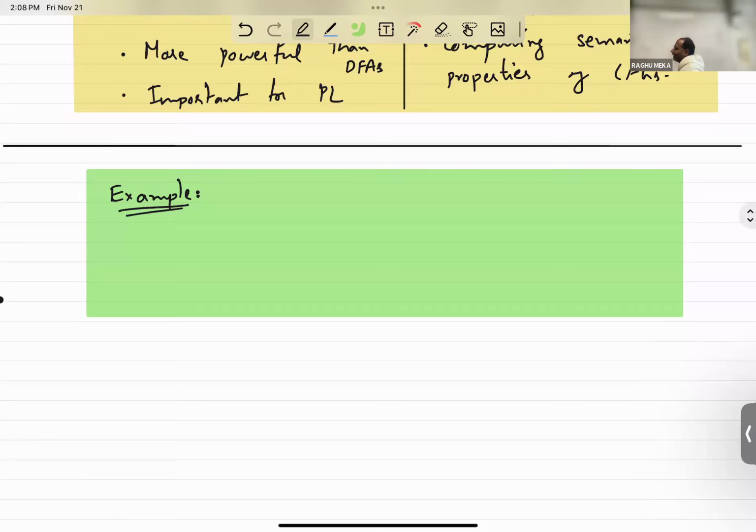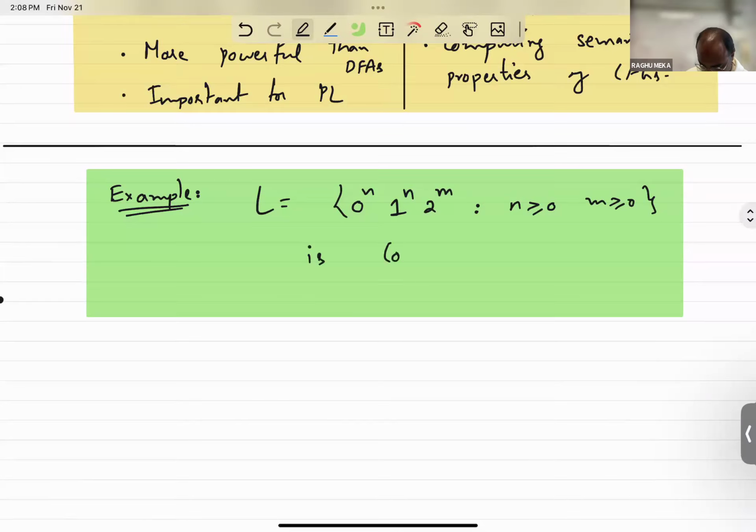We already saw that if I set L to be 0 to the n, 1 to the n, this was context-free, right? So we saw a simple grammar for this. Now I want to do something slightly different, which is 2 to the m.